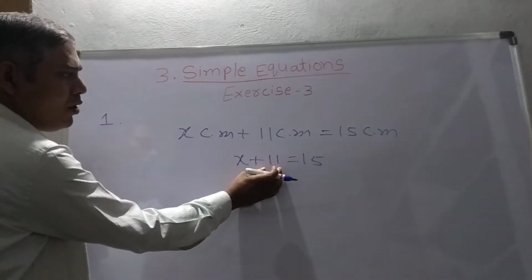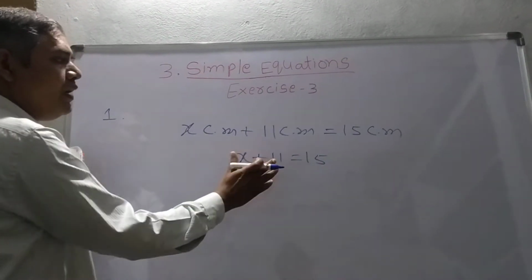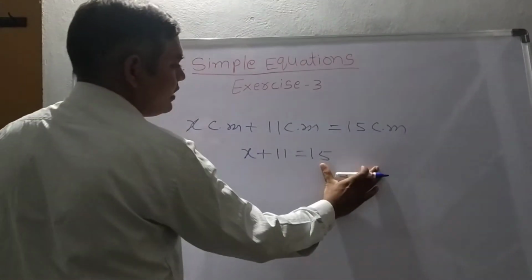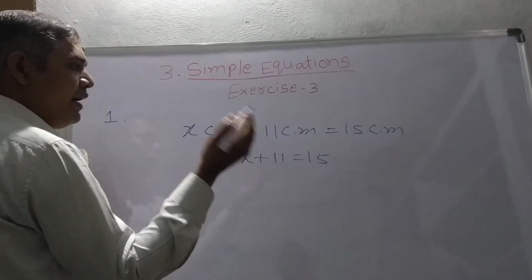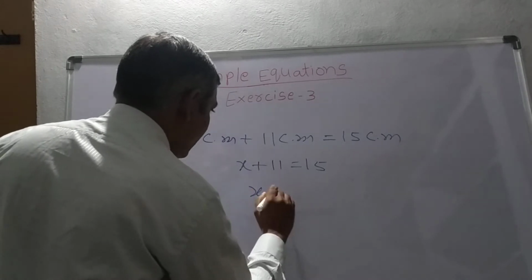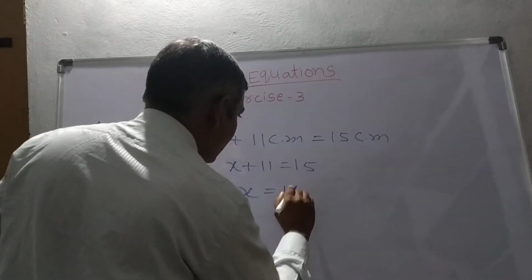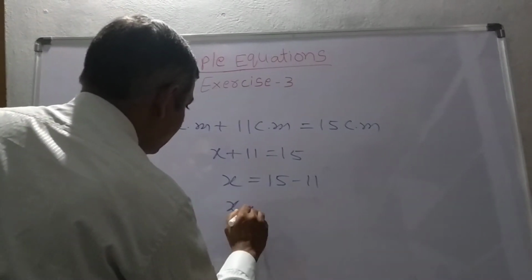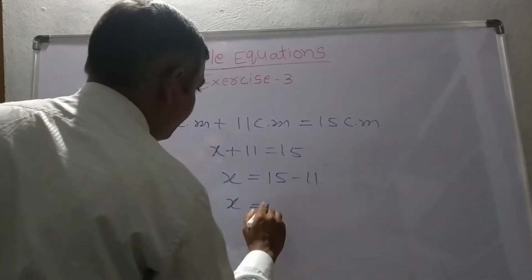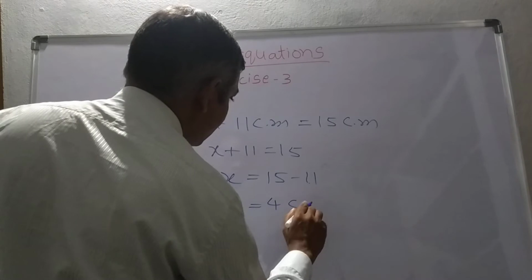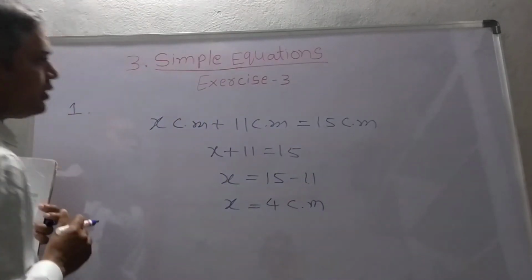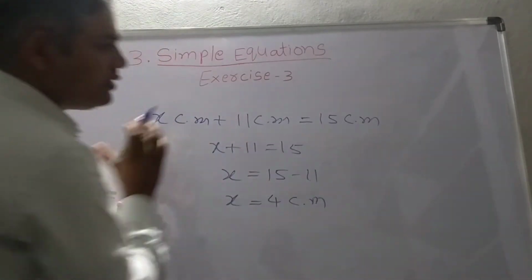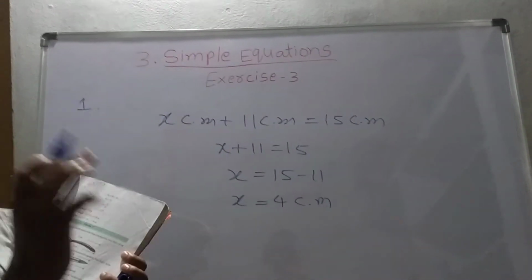If we transpose plus 11 from the left hand side, LHS, to the right hand side, RHS, it will become minus. x is equal to 15 minus 11. Therefore, x is equal to 4, that is 4 centimeters. The required length x is equal to 4 centimeters. This is the answer to question number 1.